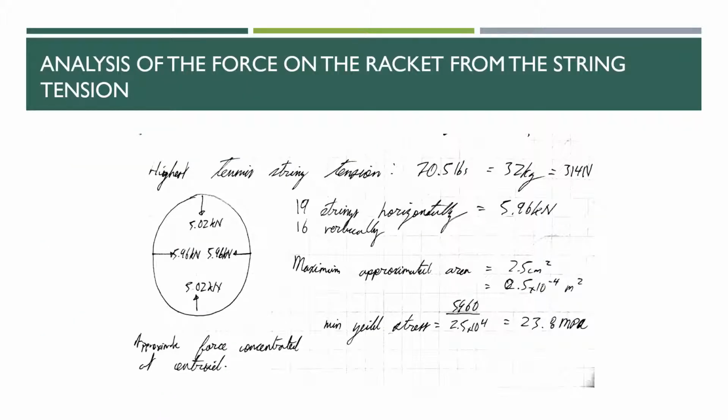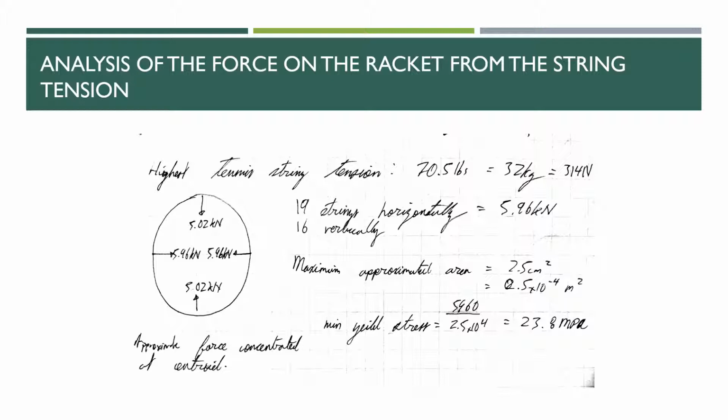So looking at the actual force that's going to be on this racket, we'll be able to calculate the minimum yield stress that the material will need based on an assumed area. So the highest tennis string tension is generally given as 70.5 pounds per string, and that comes out to 32 kilos or 314 newtons per string.